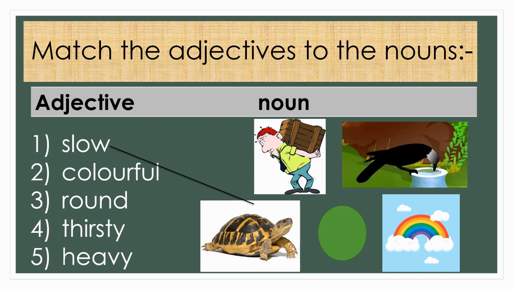For example, we will do the second one also. The second adjective is colorful. What will be colorful? Yes, good. Rainbow. So, the adjective colorful we have to match with the picture of rainbow. So, colorful rainbow and rainbow is a noun.